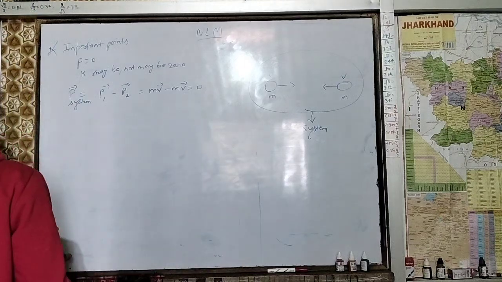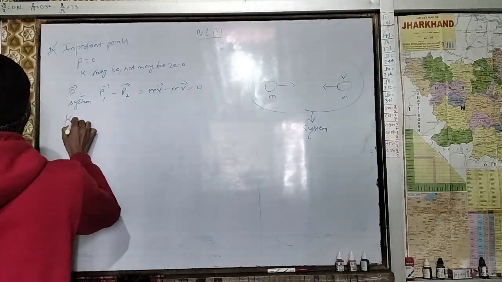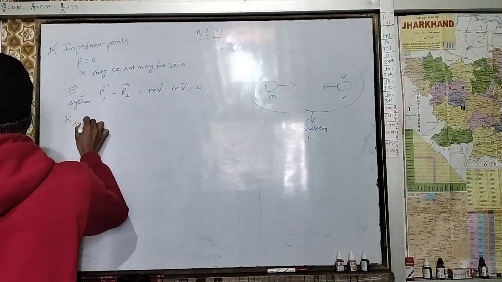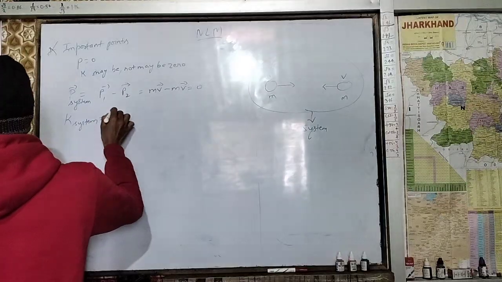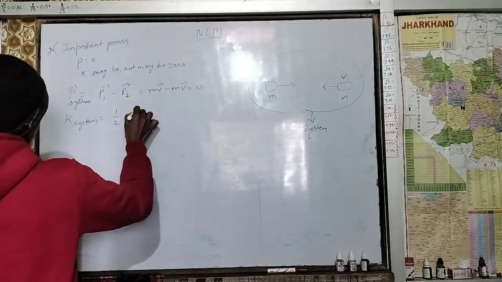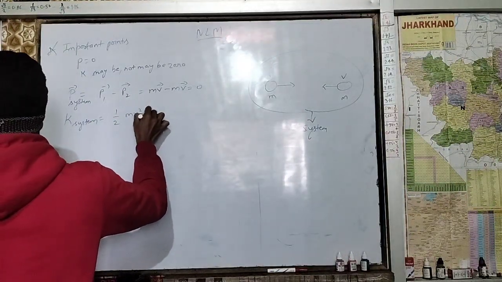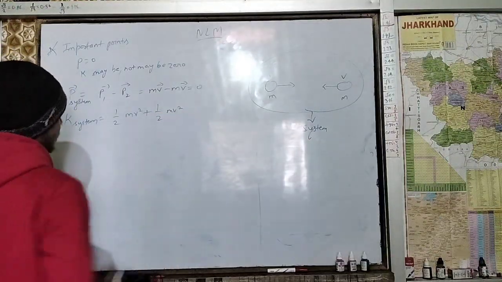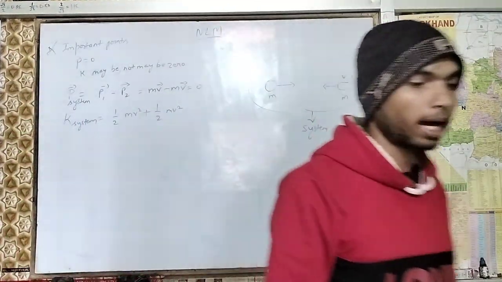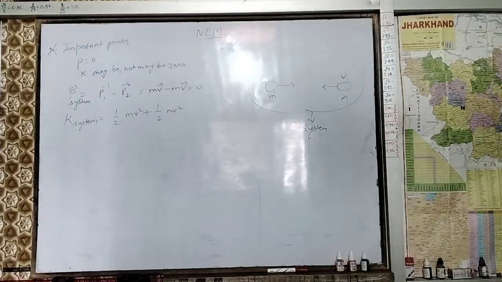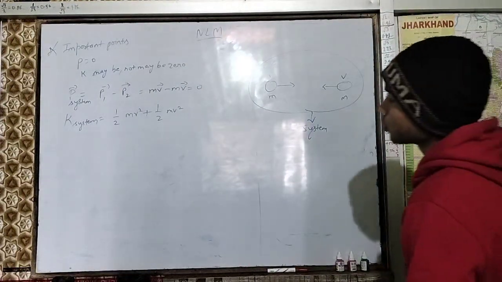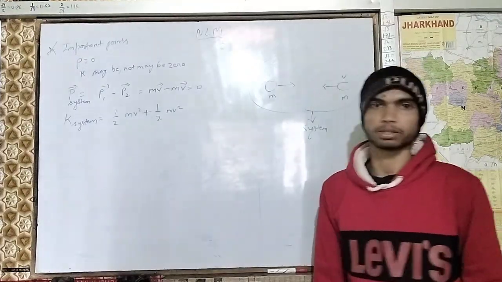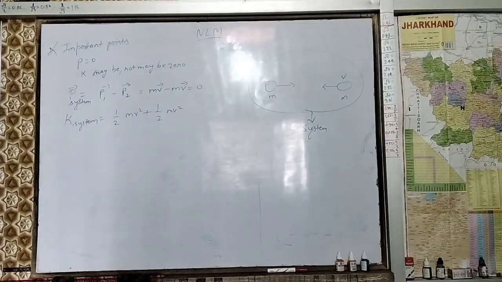But when it comes to the kinetic energy of the system, we have 1/2 mv squared plus 1/2 mv squared. Why? Because kinetic energy doesn't care about the negative sign, as it does not provide direction. This is the usual difference between them.